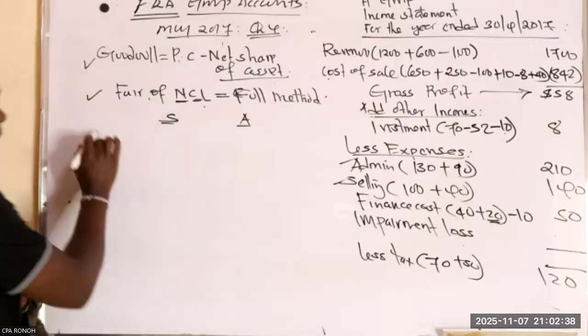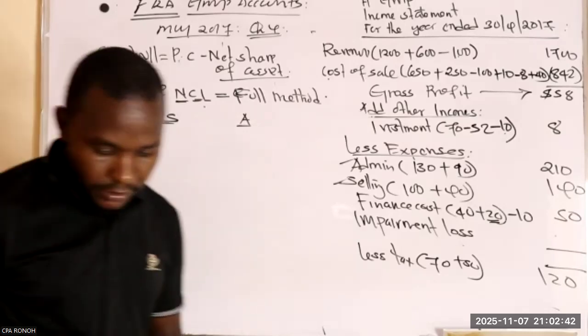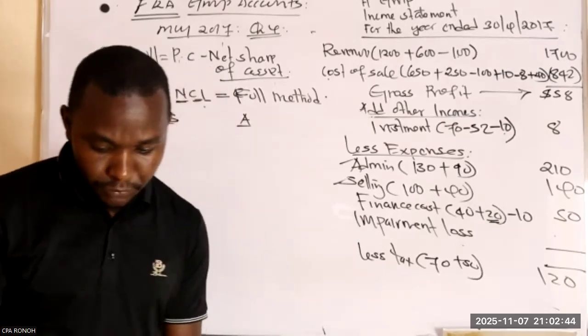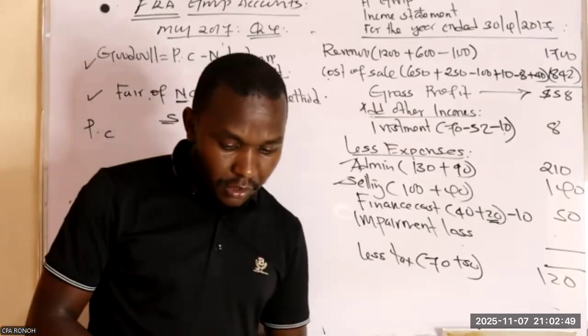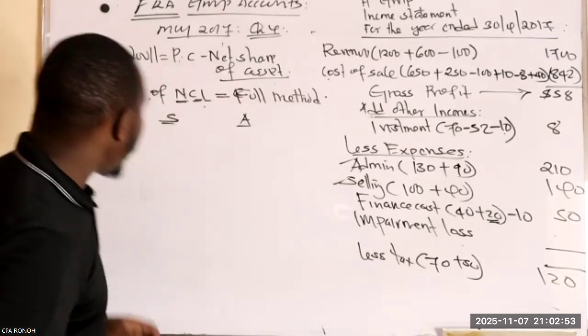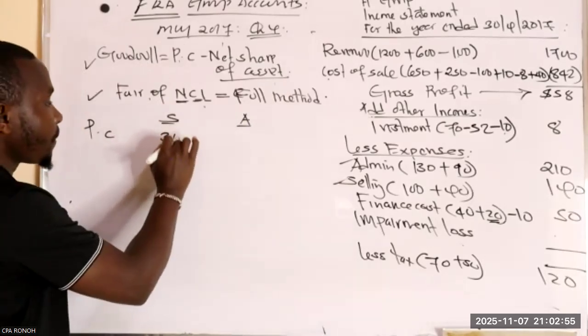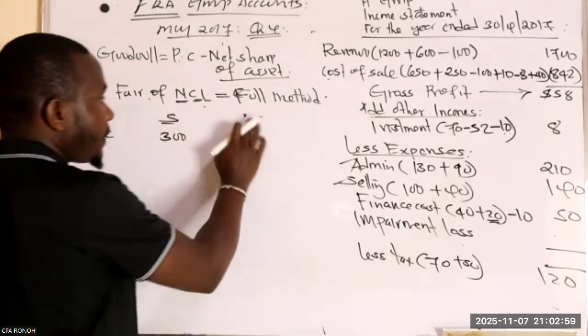and then take the purchase consideration. They are given to us in note number 1. In note number 1, we have all that information. We have been told the shareholding out of the purchase. So we have 300 million for this. And then this is associated.